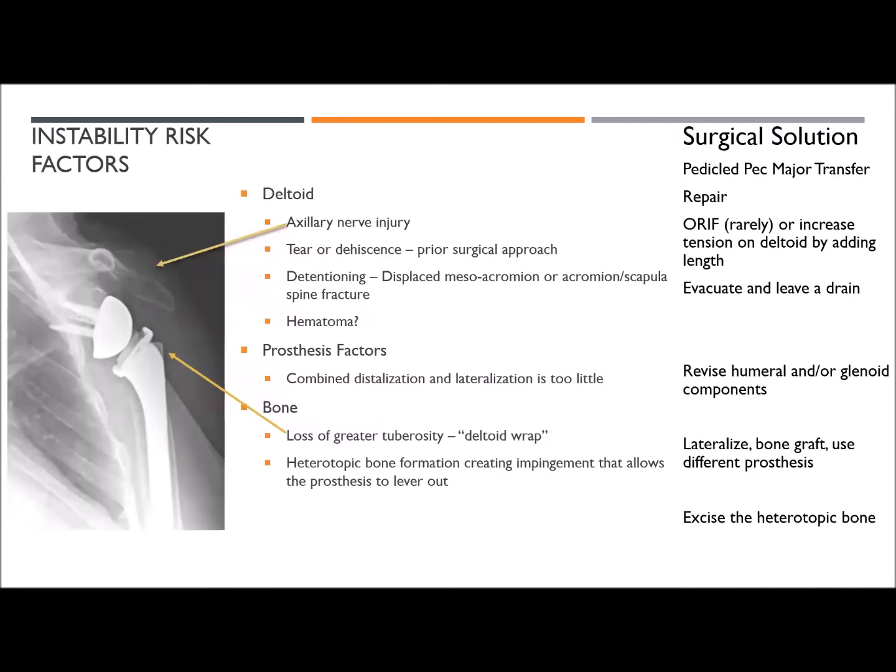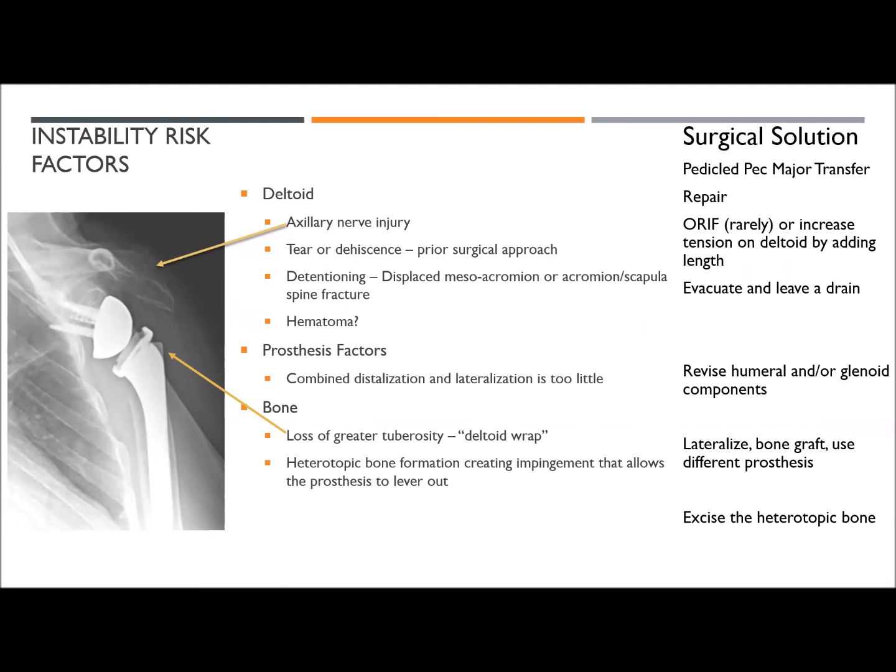So this is just kind of a slide on instability risk factors, and it's probably not fully inclusive. There's probably things I'm missing. One of the things in terms of the prosthetic factors I forgot to put under there is sometimes the components are not put in the correct position. So if the sphere is angled incorrectly, or the humeral version is bad, that can increase the risk of instability.